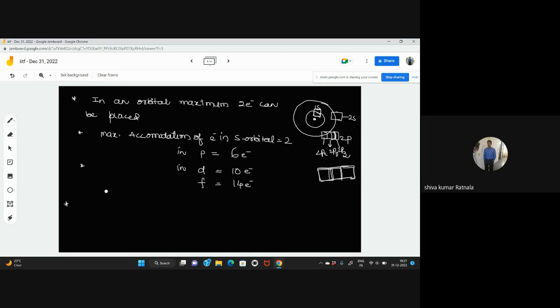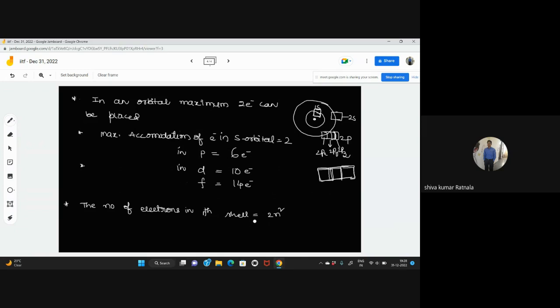One second, let me write this point. The next point is the number of electrons in the nth shell equals 2n square.